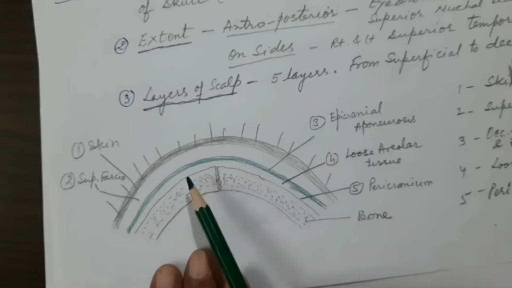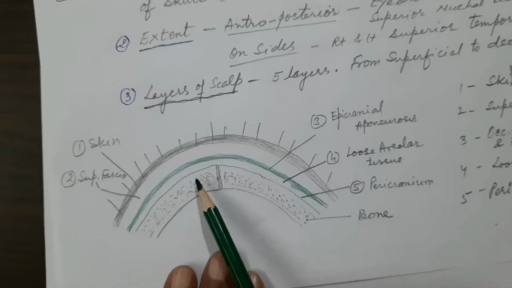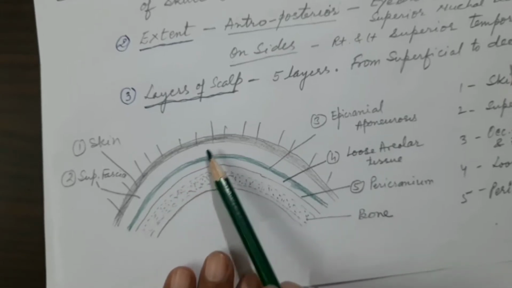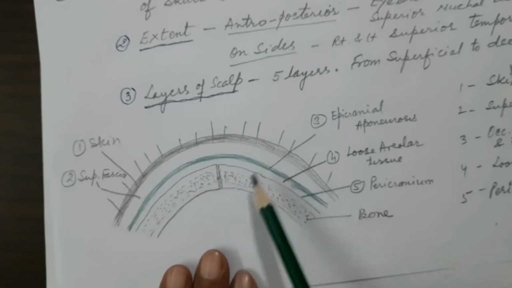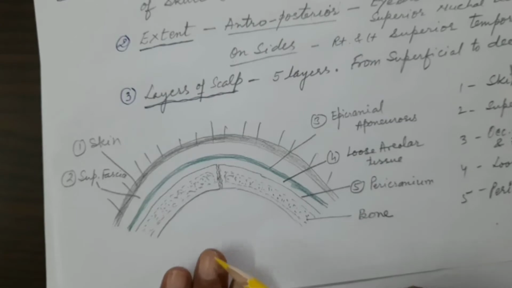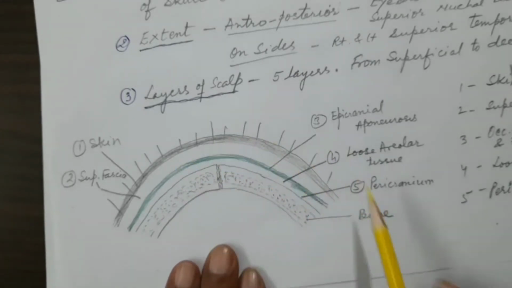Let us come to the second layer. The second layer is called the superficial layer, and it consists of dense connective tissue instead of the loose connective tissue found elsewhere in the body.